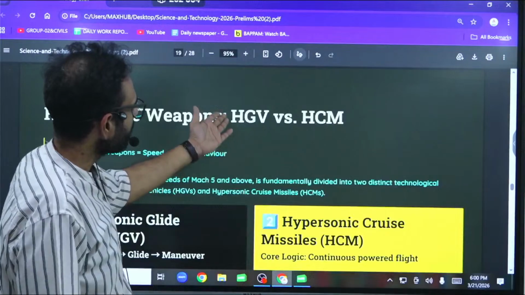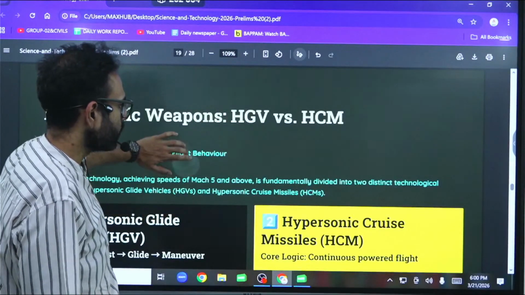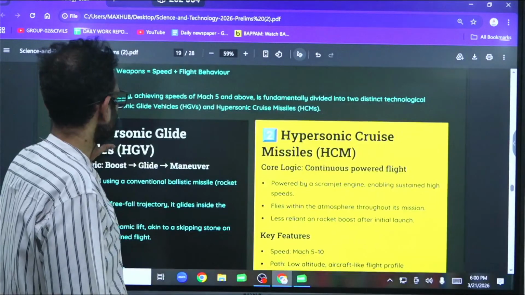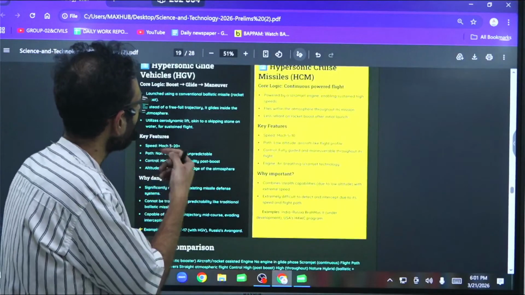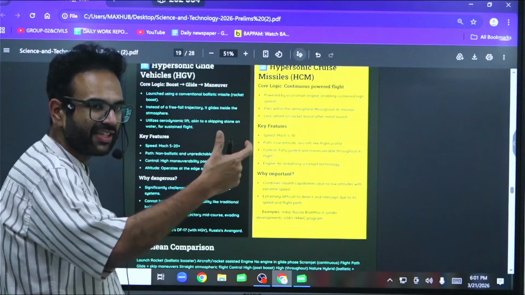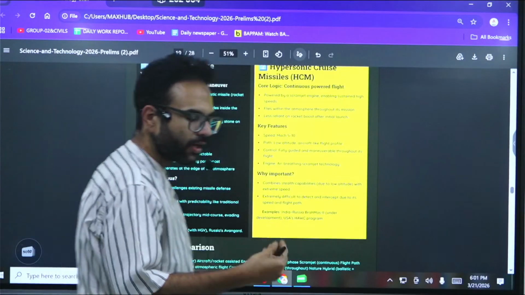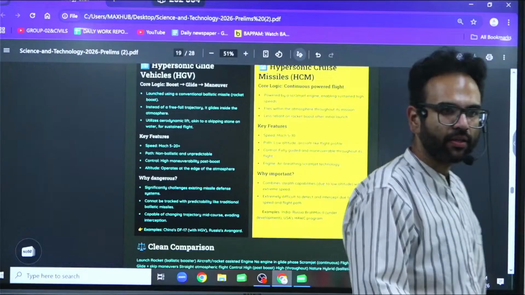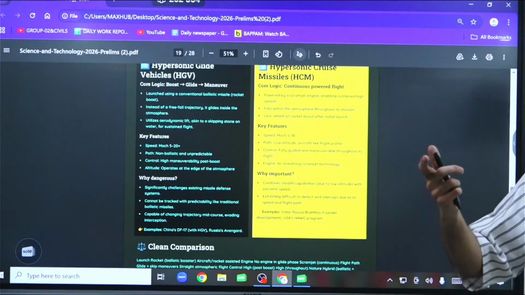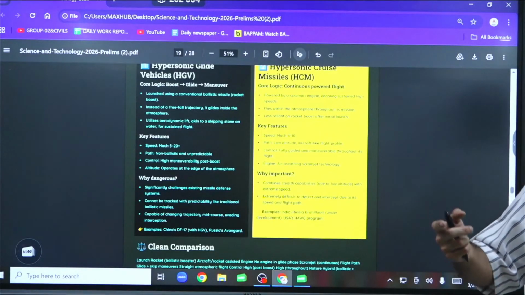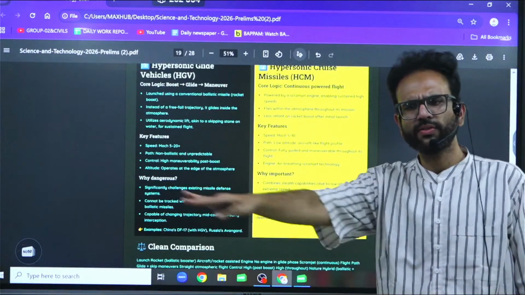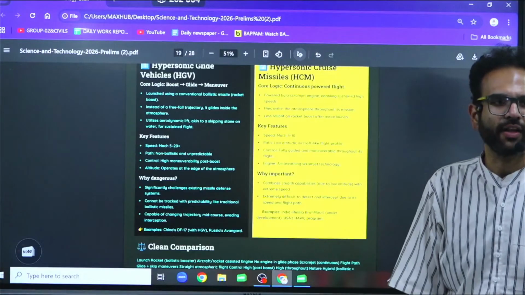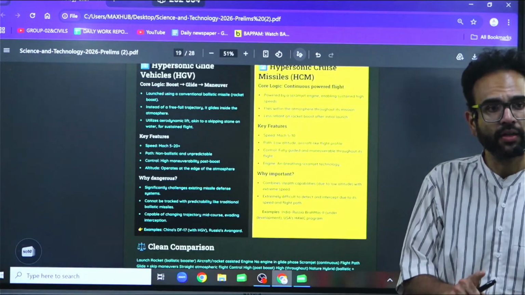Now, hypersonic glide vehicle versus hypersonic cruise, what I was talking about. Now, what is happening in this? Give the initial boost or you mount it on a flight and then glide. As opposed to this, a hypersonic missile is continuous powered flight, just like a cruise missile, but it will move at hypersonic speed.